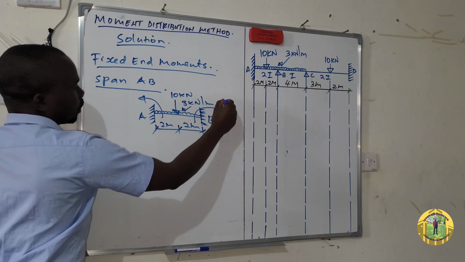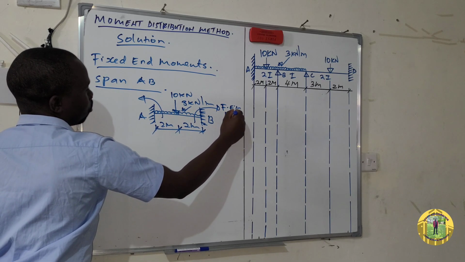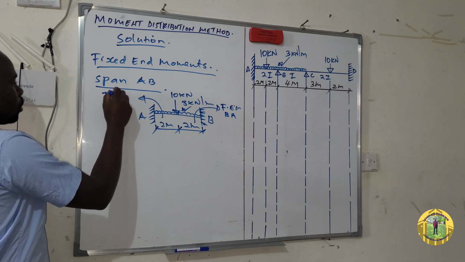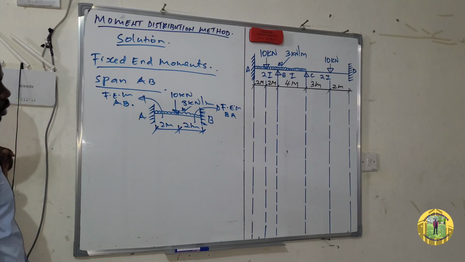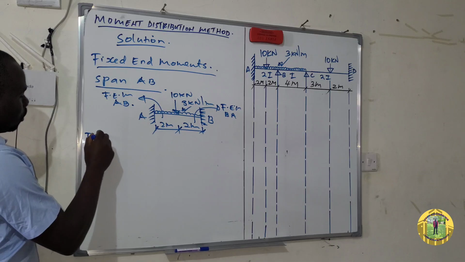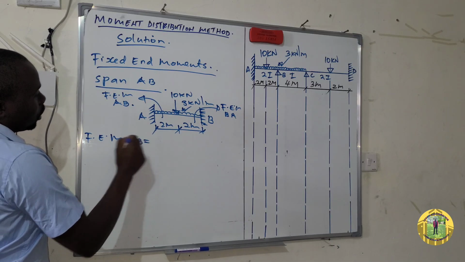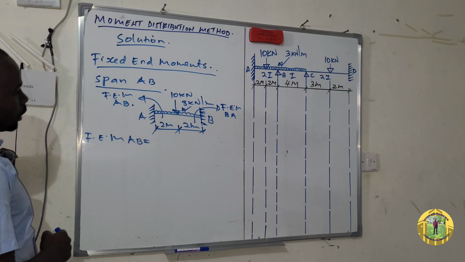This one will be fixed end moment BA, and this one will be fixed end moment AB. So we'll start by saying fixed end moment AB is equal to, as you can see, this one is in the anti-clockwise direction.